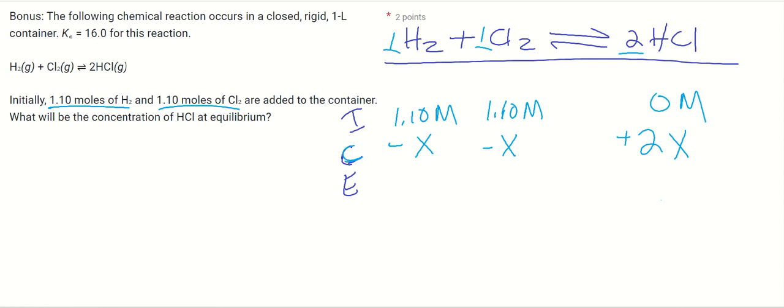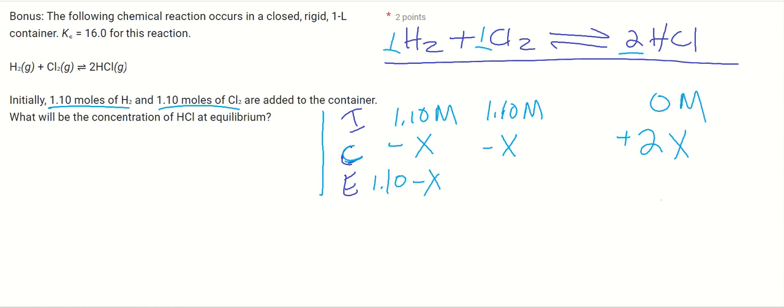Remember, equilibrium is what you start with plus what the change was, and then you'll get your equilibrium. So 1.10 minus x, because we're adding a negative.